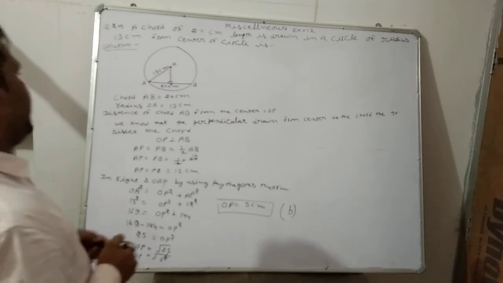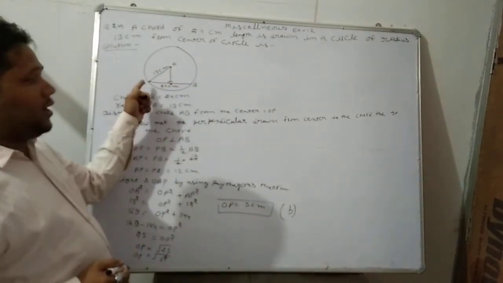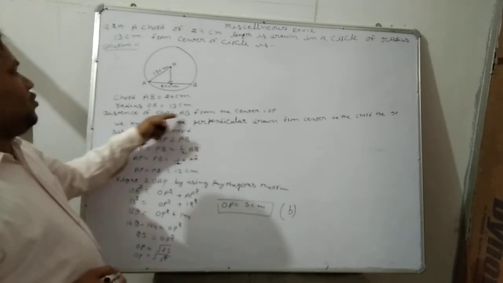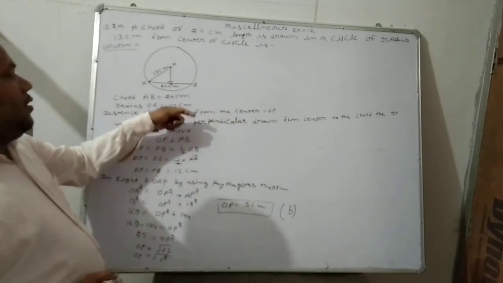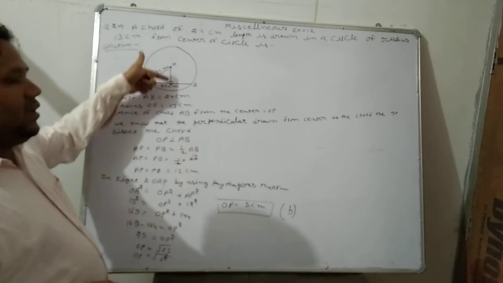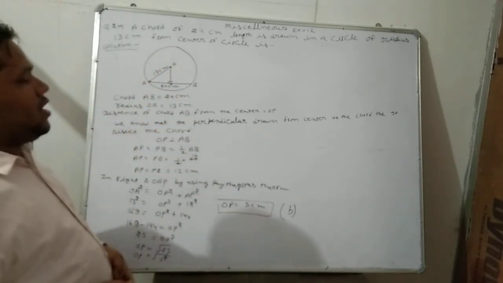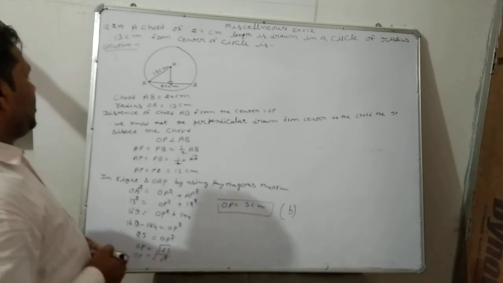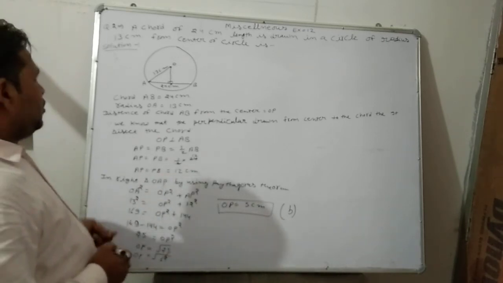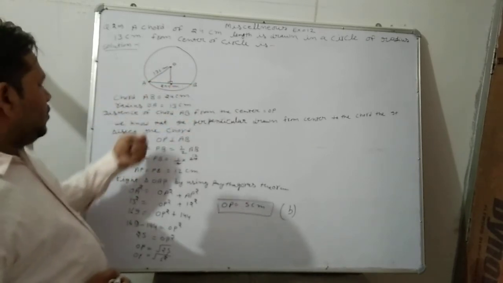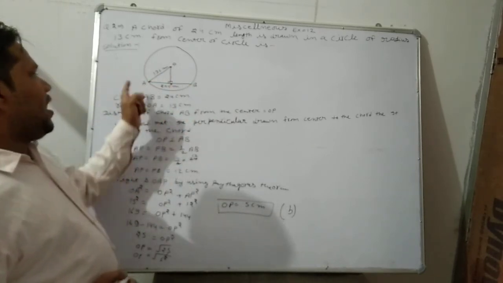So in this question the length of the chord AB is given and the radius is given. The distance of chord AB from the center will be the perpendicular distance. This is our target. So we know that the perpendicular drawn from the center to the chord bisects the chord. So OP is perpendicular to AB. AP is equal to PB is equal to half AB.